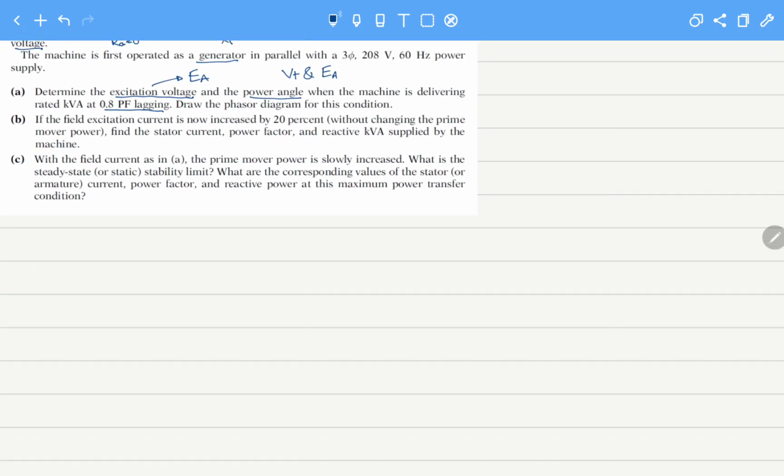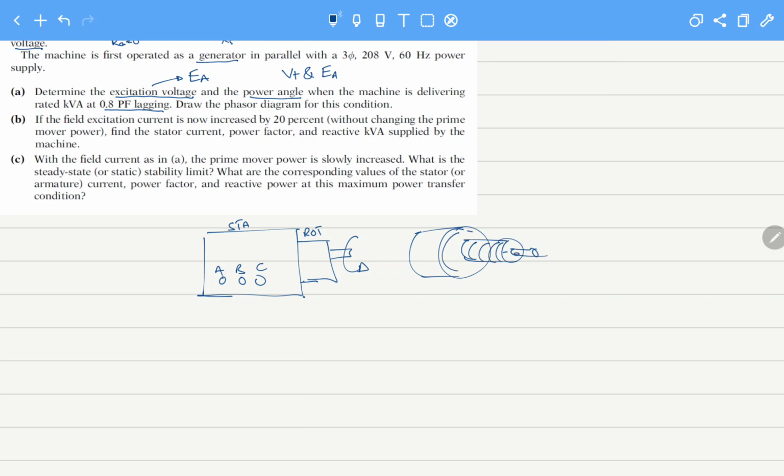So what is happening is that we have a synchronous machine, and this is the stator and this is the rotor, and these are the three terminals A, B and C. So this is the stator, these are the windings A, B, C. This is the side view, and if you want to see the perspective isometric view, this is your excitation.